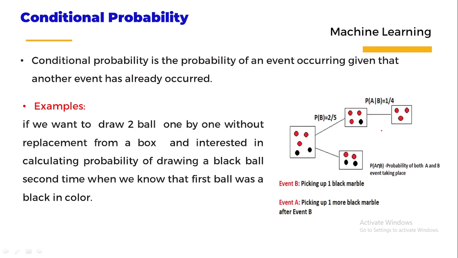This one is the probability of A given B, and we read it as 'given'. This is the conditional probability, because it is the probability of event A occurring given that another event B has already occurred. So here we are calculating the probability of A given the condition, and that condition is B. This is what conditional probability is.